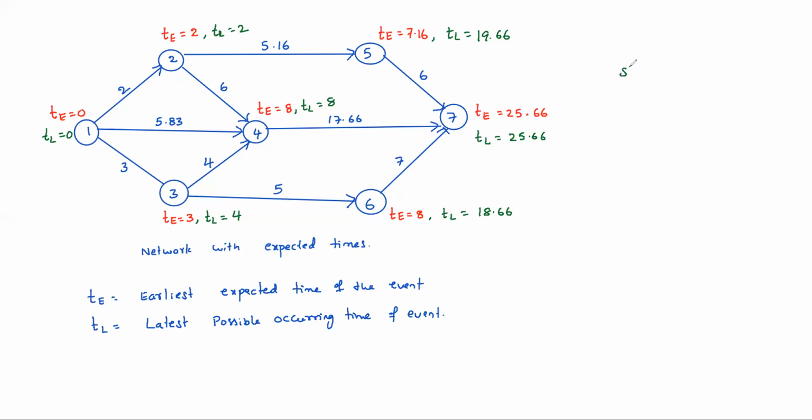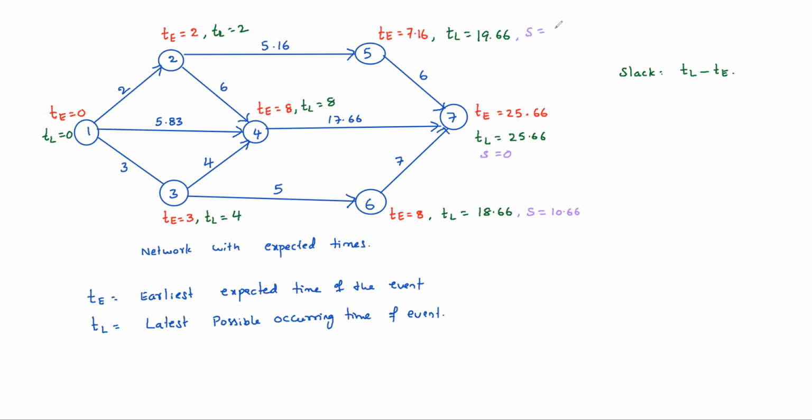Now after calculating T and TL, slacks can be found. Slack is TL minus T for any event. You can work out these slacks everywhere. Slack is here 10.66, here 0, here 12.5, here 1, here 0, here 0, here 0.